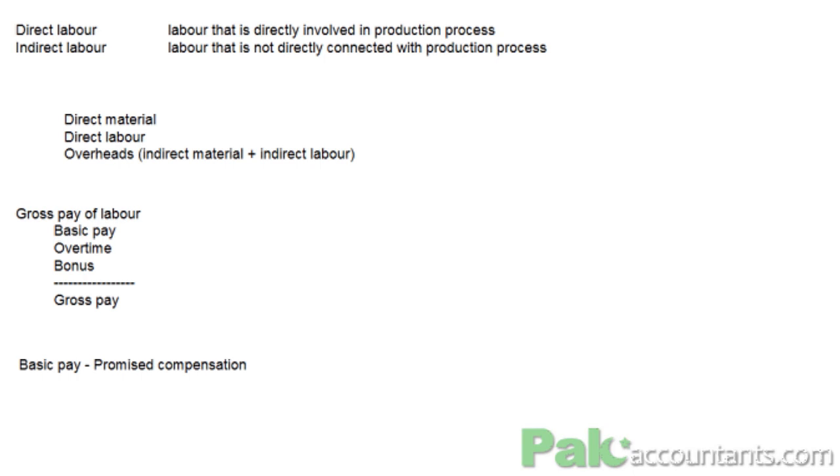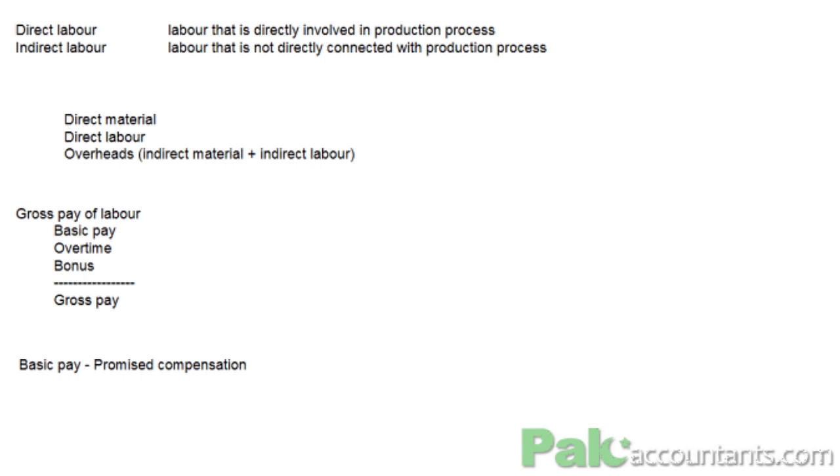This is the promised salary or wage he will be getting, irrespective of whether he has spent more time on production or worked extra. This is the minimum compensation he will be receiving for sure.